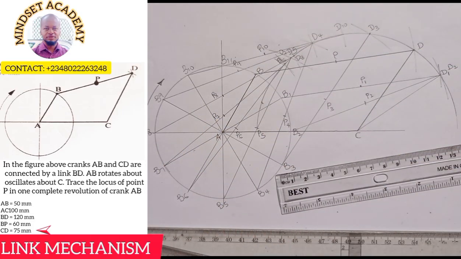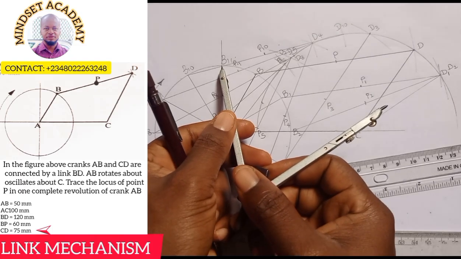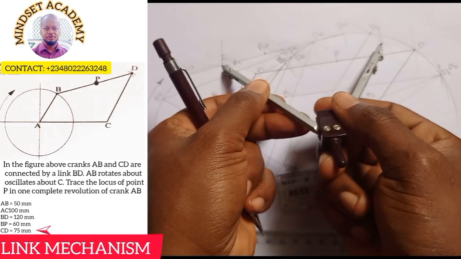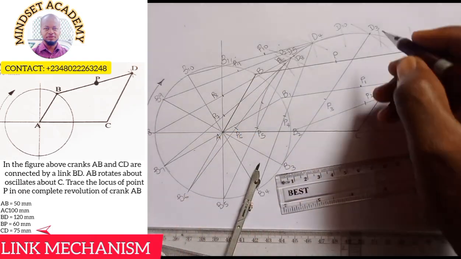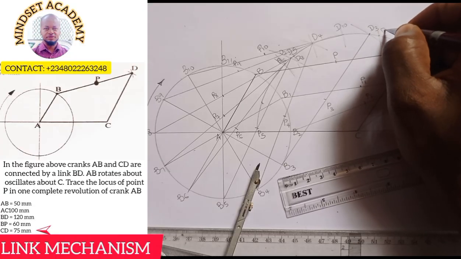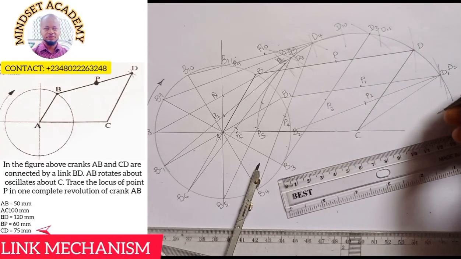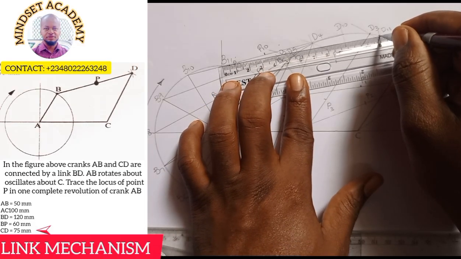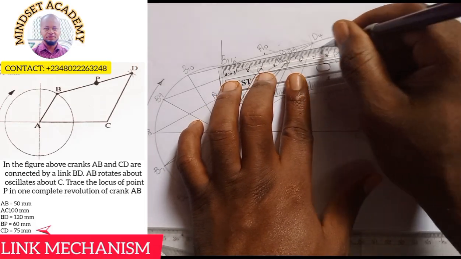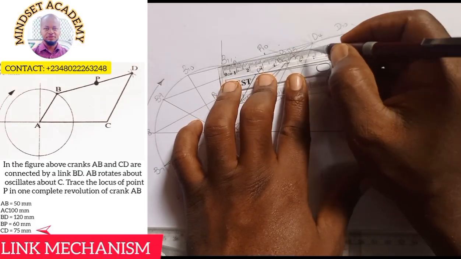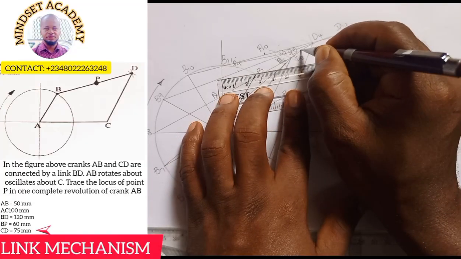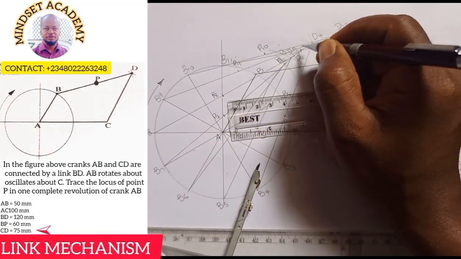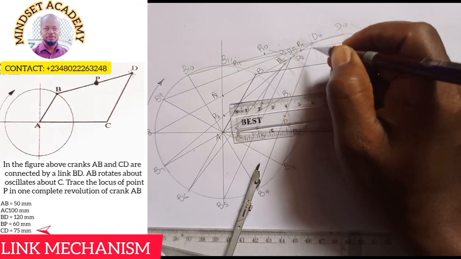Then for the last one on the list, B11, strike here. This will be my D11. So when I place it from this point to this point, they measure 60 at this line. That will be my P11.